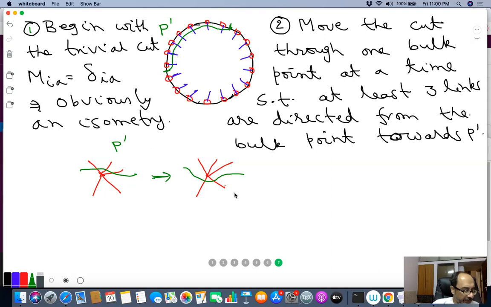So this has 2 properties. Property A is that it reduces the number of links cut.